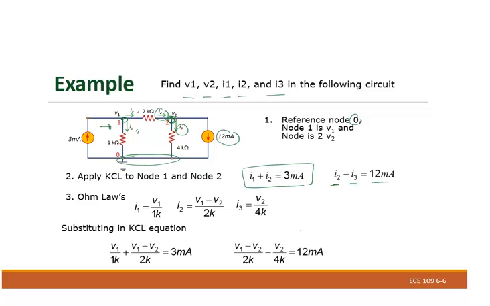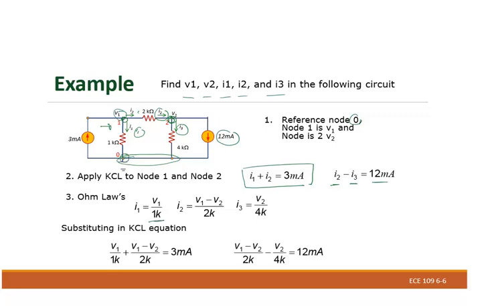The next step, we write the current using Ohm's law. We write the current as a function of the node voltages. I1 is V1 minus 0 divided by 1K.